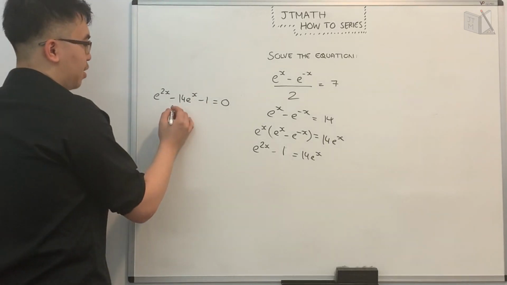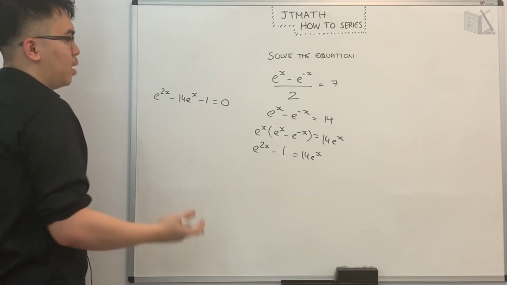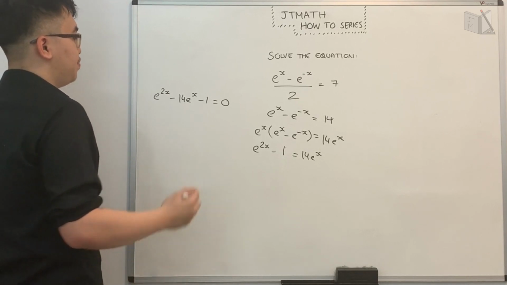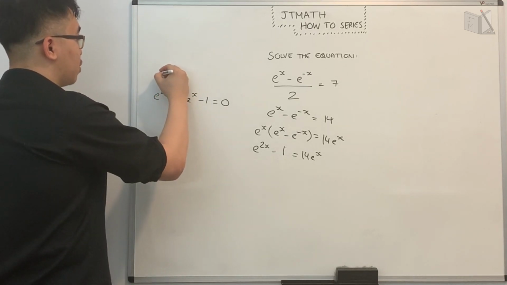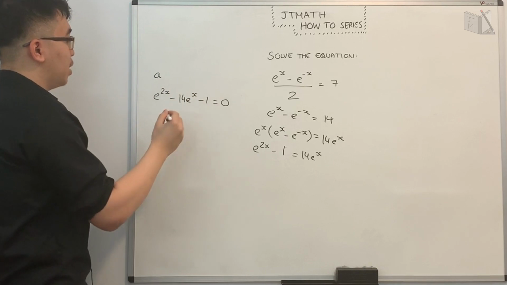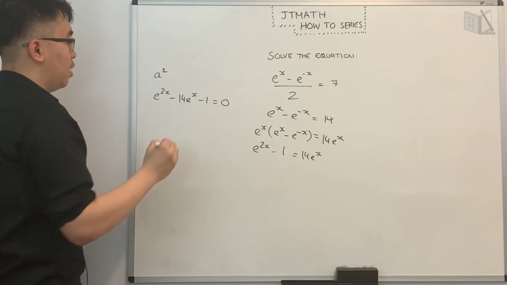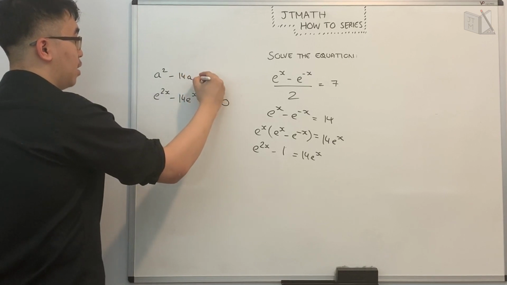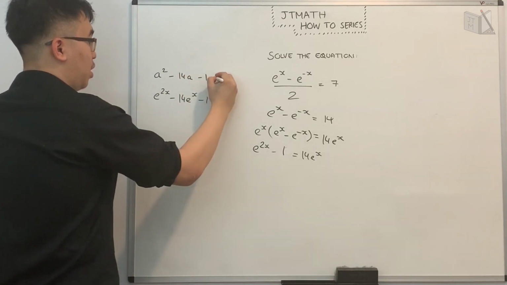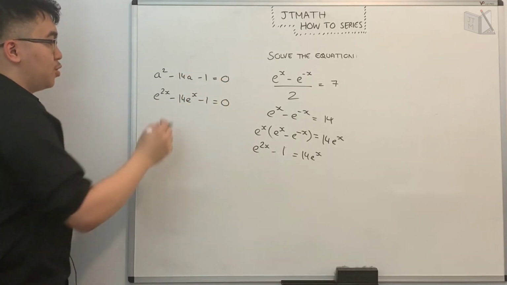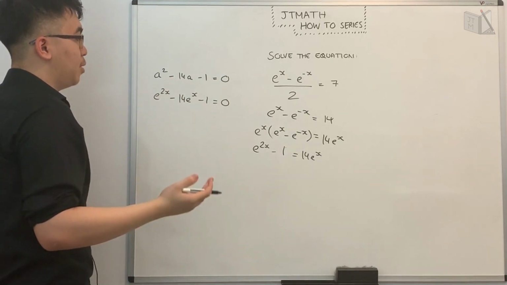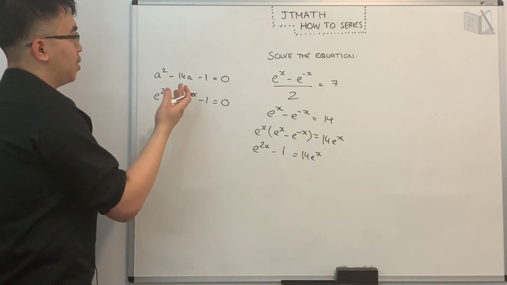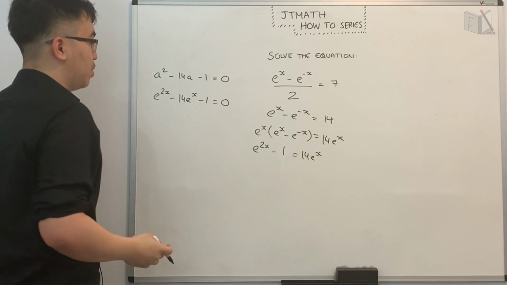Now you might be looking at this equation and thinking that maybe it looks unfamiliar. However, if I rewrite this equation with a different variable, like say a, we'll have a² − 14a − 1 = 0. This should look extremely familiar to you, as this is just simply a quadratic equation.